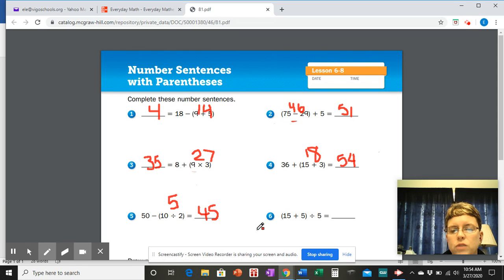Again, number 6, we're doing the parentheses first. 15 plus 5 is 20. Write that up top. Now we have 20 divided by 5 equals something. We can also think of this as 5 times what gives me 20, and the answer is 4.